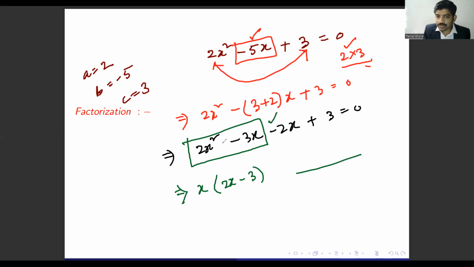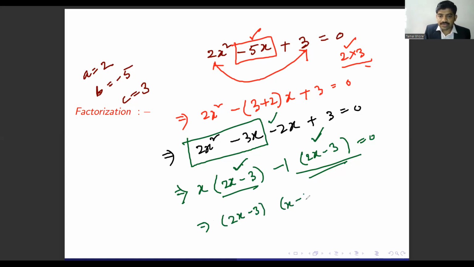Why am I taking minus 1 common? So that these two parts will become equal. So it becomes 2x minus 3. So you can see these two are equal. That's why I have taken minus 1 common. Now these two are equal. So you are getting 2x minus 3 times x minus 1 is equal to 0.